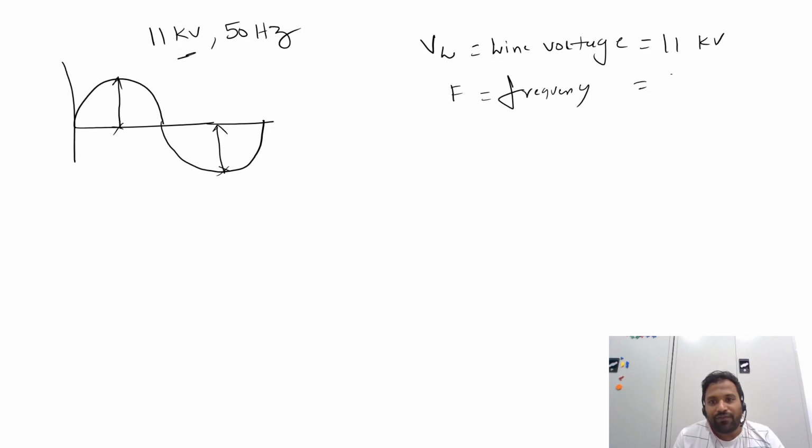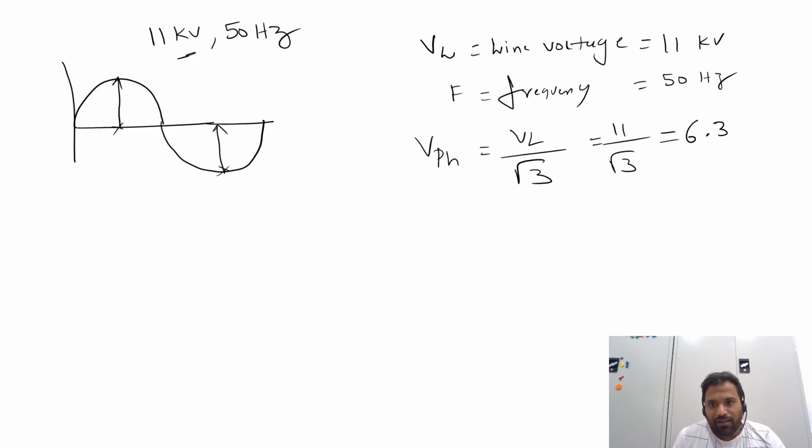Frequency is 50 Hz. Now we need the phase voltage. What is the phase voltage? Line voltage by root 3. 11 by root 3 is equal to 6.3508. Now we need the peak. What is the peak for sine waveforms?